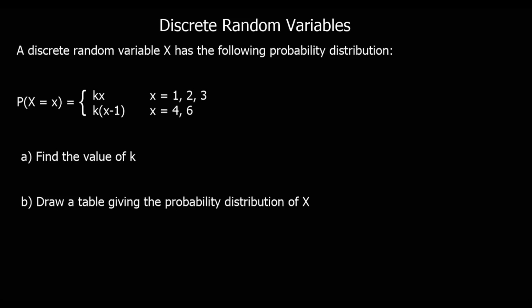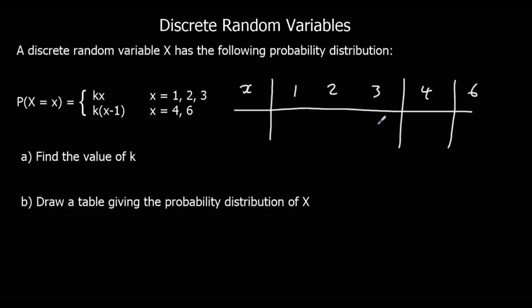Okay, here's a different question. If you want to pause the video and try and give it a go, you can. Otherwise, just keep watching. So this time, x can take the values of 1, 2, 3, 4, and 6. And for 1, 2, and 3, it has the probability of kx.